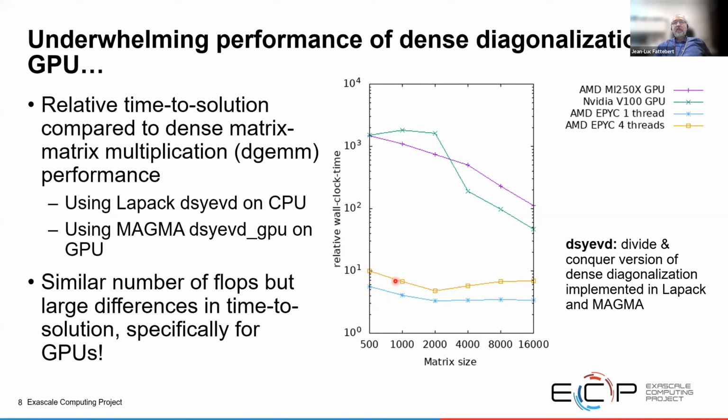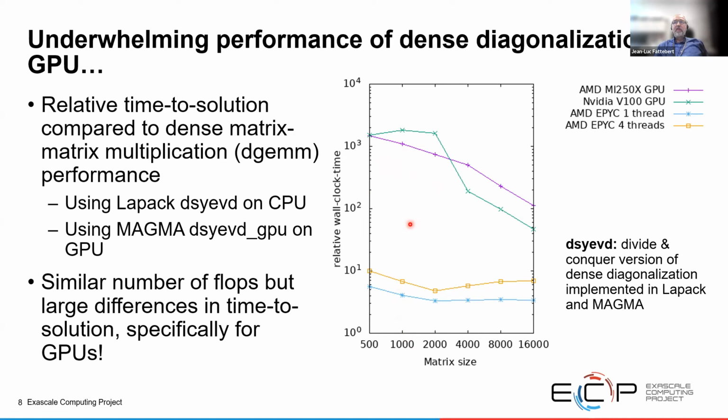It's a little bit more complicated algorithm. And even though these two algorithms should use a similar number of flops, the ratio is still below 10 and reasonable. When you go on a GPU, the story is different. The ratio, that is the time to solution for solving one dense eigenvalue problem compared to one single matrix multiplication, goes up to as much as 1,000 for matrices sized, say, 1,000 by 1,000. So doing dense diagonalization on a GPU is not such a great use of a GPU. It doesn't use the performance of a GPU so well.